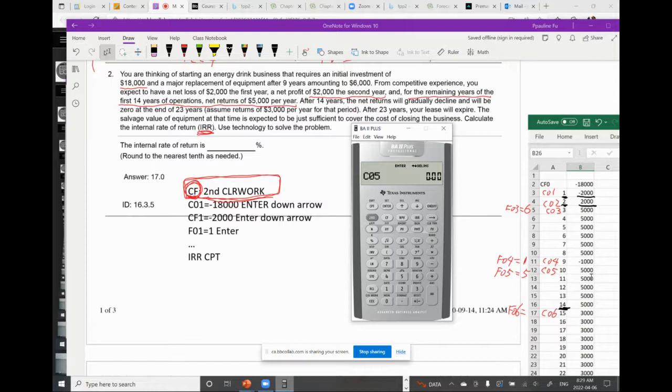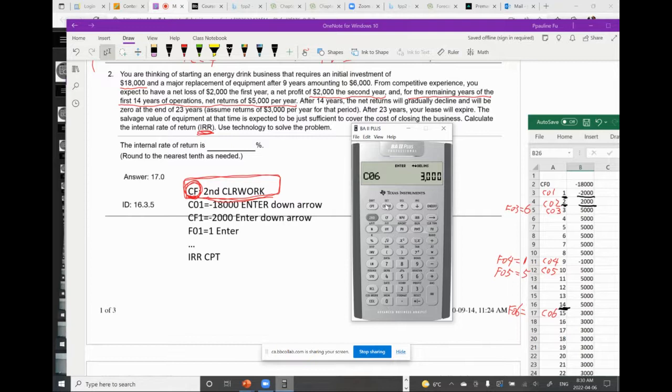Down arrow key, C05, 5,000. Enter. How many times did 5,000 happen? Let's count. 1, 2, 3, 4, 5. Okay. So down arrow key, F05 frequency is 5. Enter. Down arrow key is C06, 3,000.